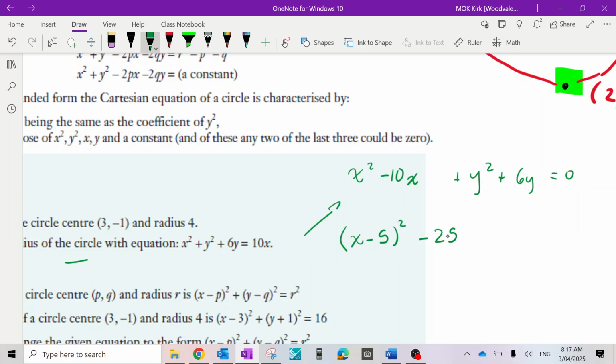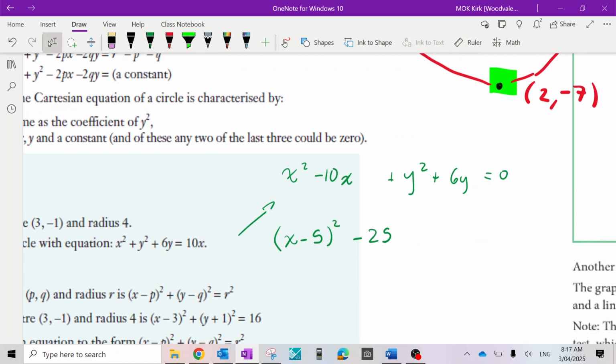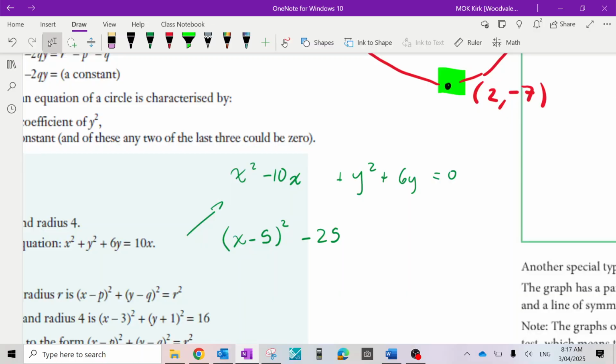So that's just going to sit there for now. I've completed the square. Then same thing with the y. I need to complete the square, y plus 3 all squared. We understand that there's no constant here, so I need to remove what would be produced by this 3 times 3. So I need to take 9. This is all still equal to 0.